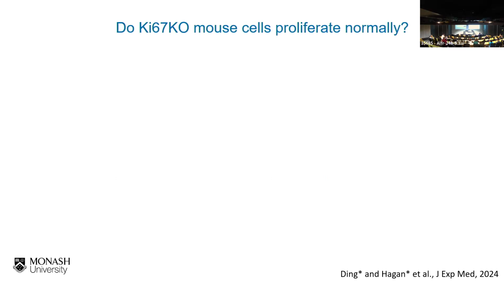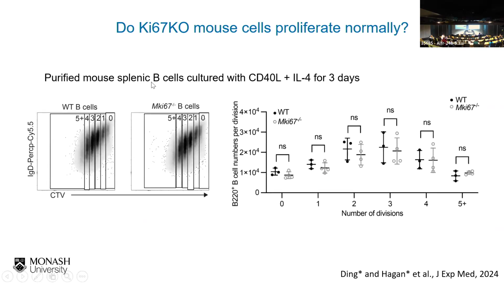So we looked in our mouse cells first. We purified splenic B cells from our Ki67 knockout mice and cultured them in vitro for 3 days. These B cells are labeled with CellTrace Violet, so that the dilution indicates cell proliferation.